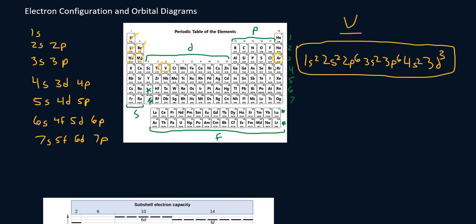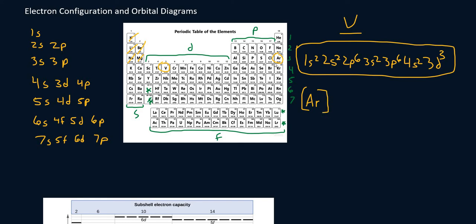From helium down to oganesson, these are the noble gases. And like I said, go to the row above the row that your element's on. So vanadium is in row 4, so we'll go to row 3. And argon is the noble gas that comes before vanadium. And so how we're going to write our condensed electron configuration is we're going to put argon in brackets, because it's the noble gas that comes before our element, which is vanadium.